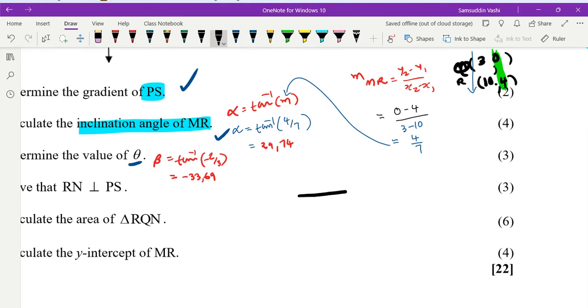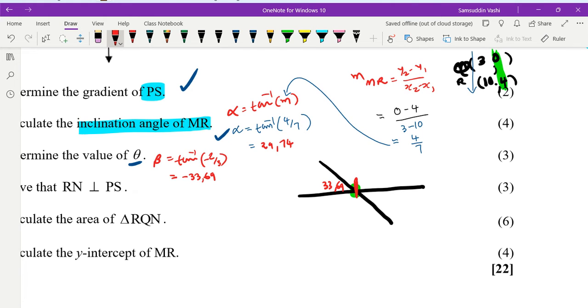Okay, this is my x-axis. This is the line. When I'm getting the negative angle, that angle's position is to the left hand side of the line and the x-axis. So it means this is 33.69.